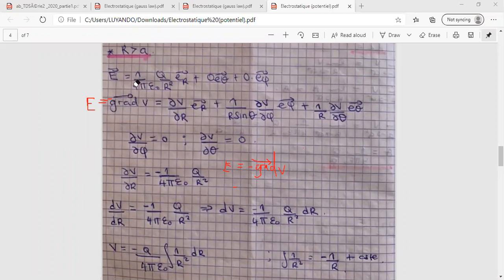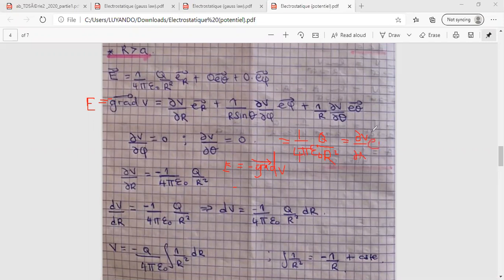So I've established that my E is equal to this, meaning my E, which is 1 over 4 pi epsilon 0, q over r squared, is going to be equal to dV over dr in the direction e_r.